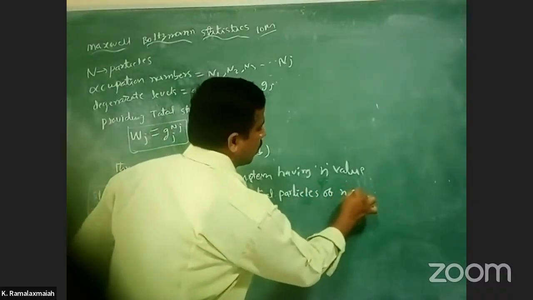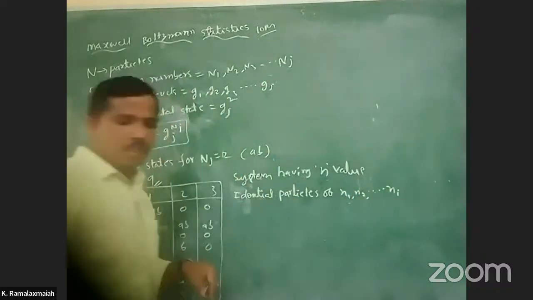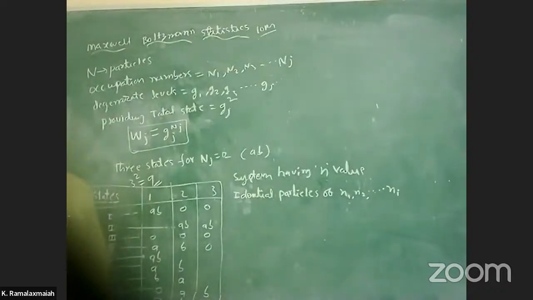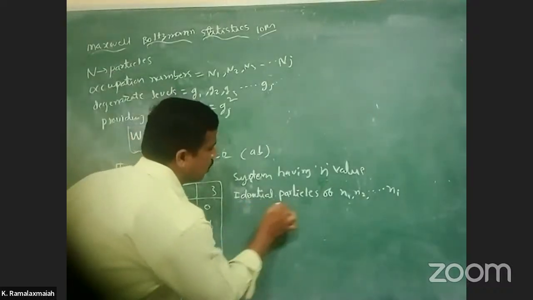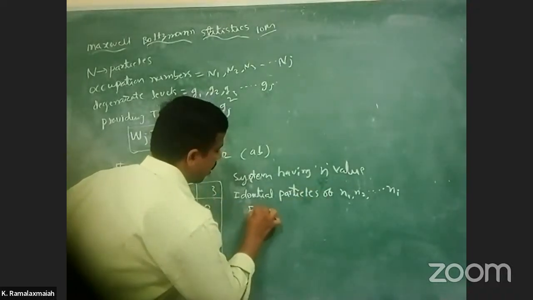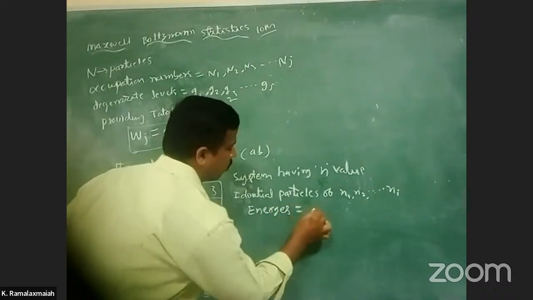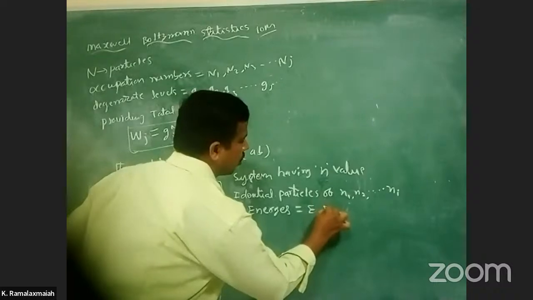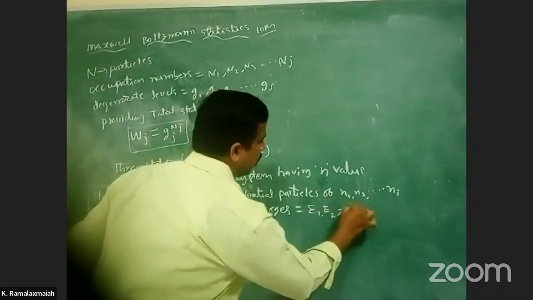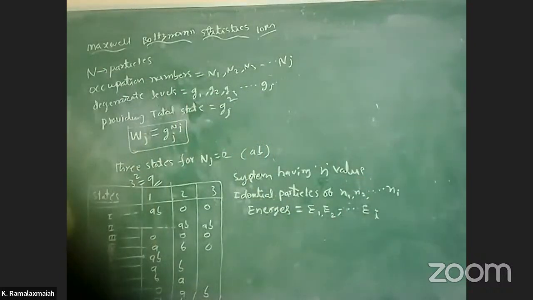Of n1, n2, dash dash, ni particles. The energies are equal to E1, E2, dash dash, Ei respectively.